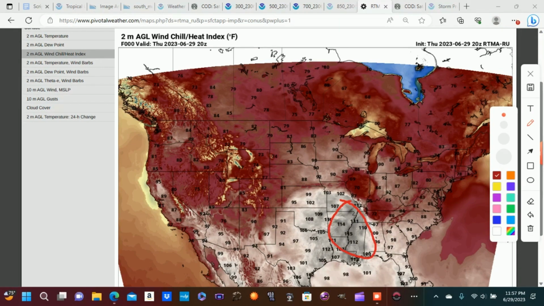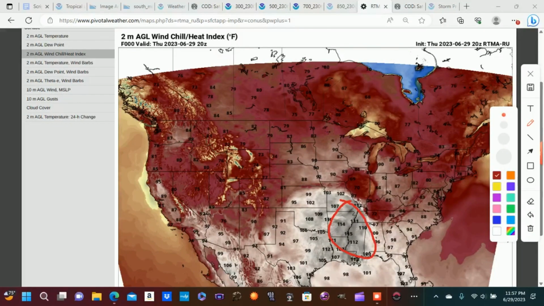And so if we happen to get one of these really embedded short waves to pass on through on Friday, perhaps we'll get another break from the heat. But looking at model data, I find that unlikely. So I think for tomorrow, we're really going to be baking under the really hot summer sun on Friday.